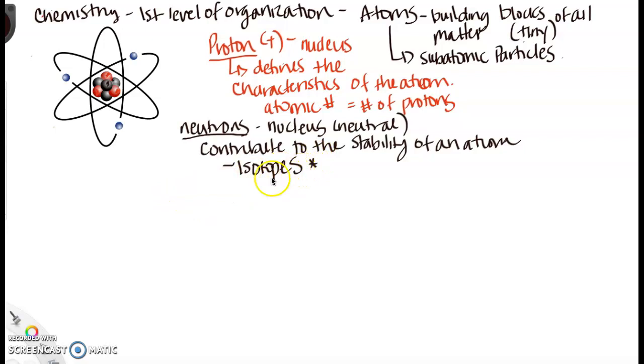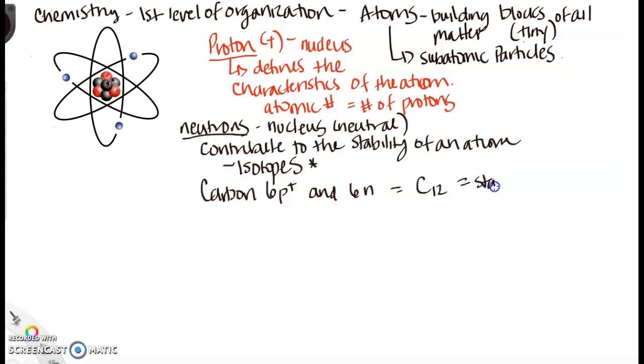So, for example, carbon is number 6 on the periodic table. So it has atomic number 6. And so it has 6 protons and 6 neutrons. In its most stable state, it has this, and that's called carbon 12.